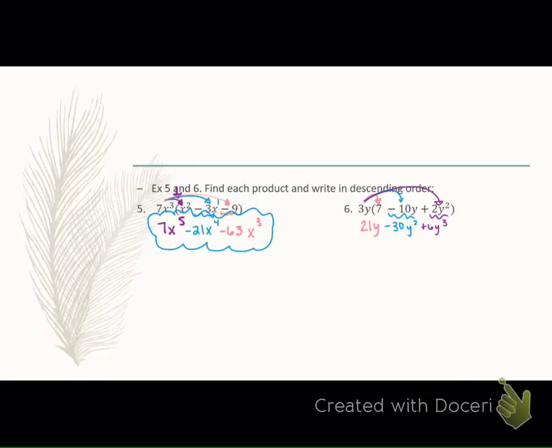Good. We have to remember that there are ones whenever there's not an exponent on it. Is that in descending order? No. Okay, RC, how would that be rewritten in descending order? 6y cubed minus 30y squared plus 21y. What did you lose on the 6y? Or cube. There you go.